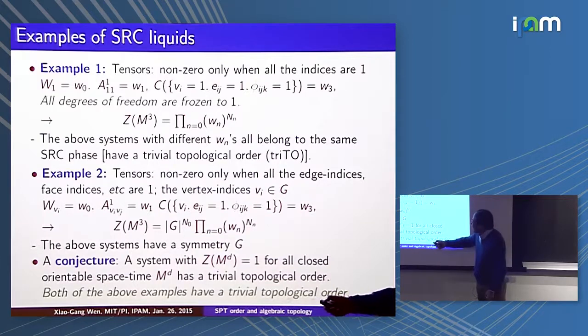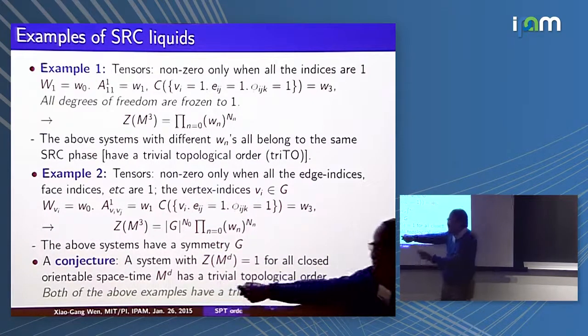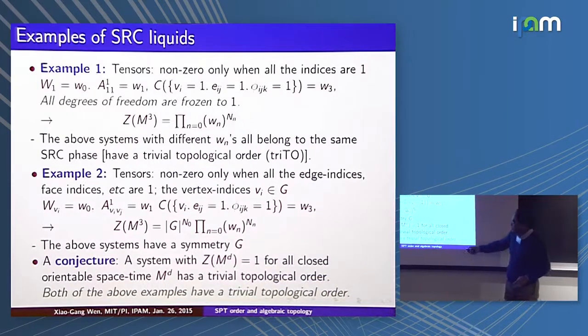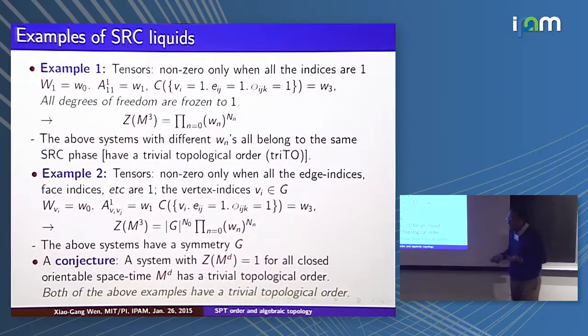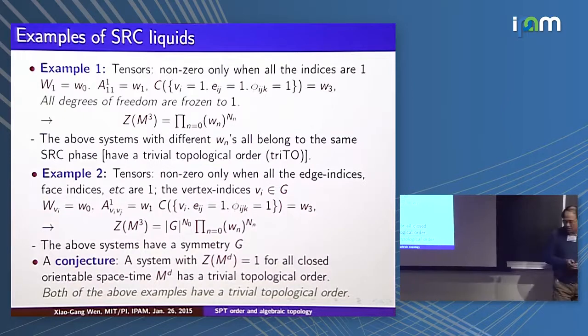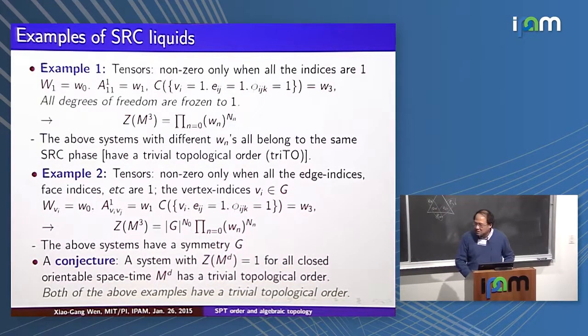Maybe I should say it more precisely, with more standard mathematical language. If a system has this property, then it's trivial. But that's for very, very special tensors. Also, some definitions of topological order involve invariance under change of triangulation.